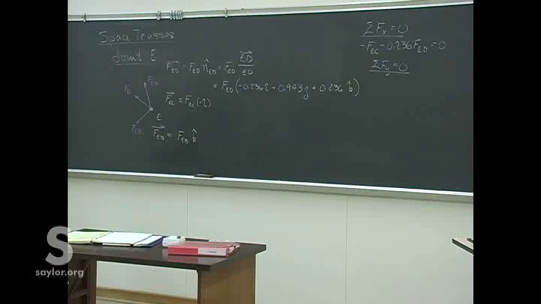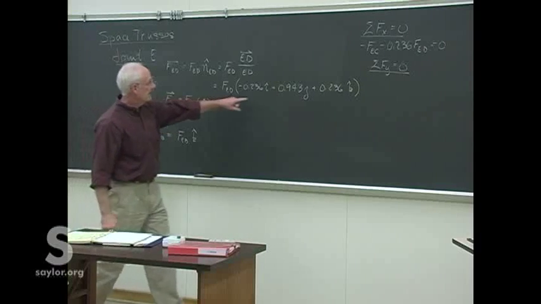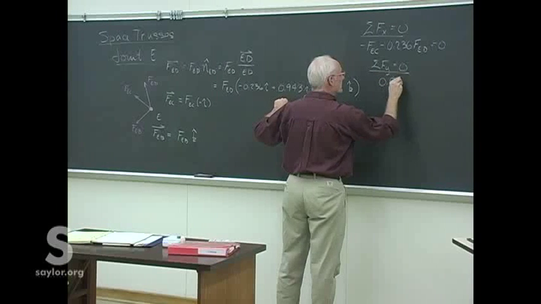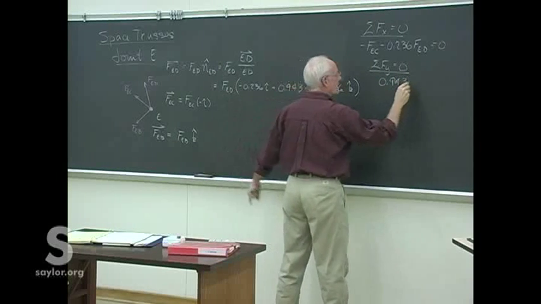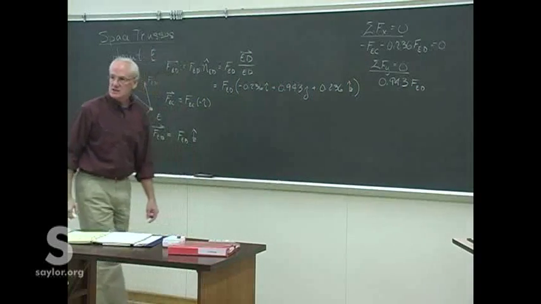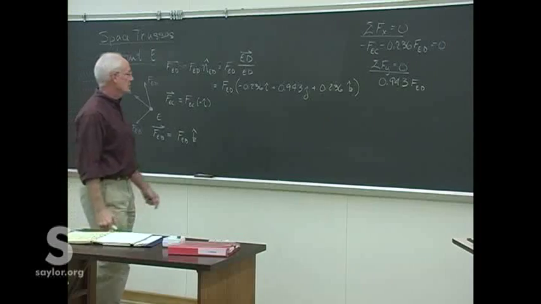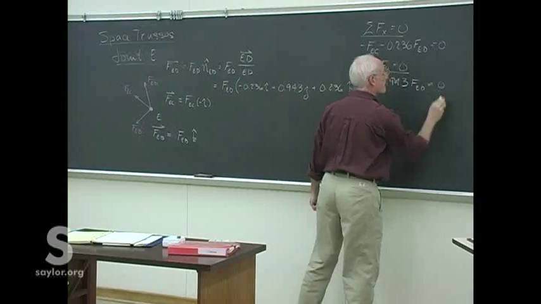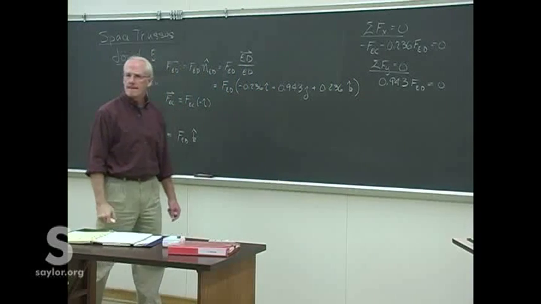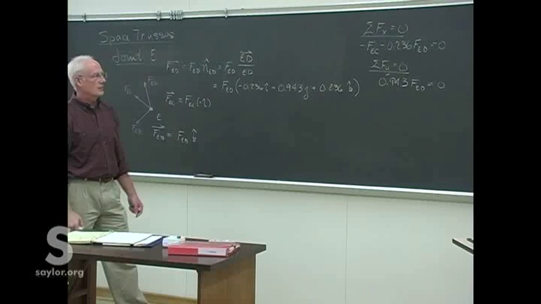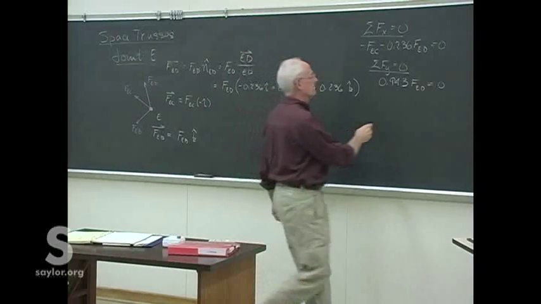Which is, that's in the j, there's the only j component we have, 943 FED, is the only j component at joint E. So FED equals 0.